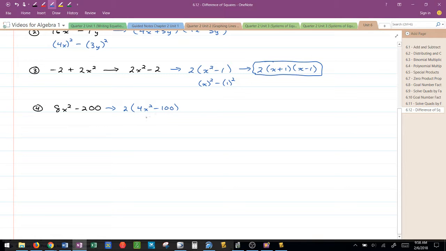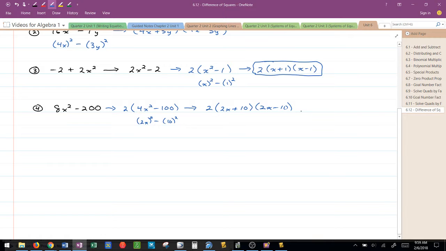I have a difference of squares inside. How do I know that? 4x squared is really 2x squared, and 100 is really 10 squared. So I know this can factor further to 2 times 2x plus 10 and 2x minus 10.